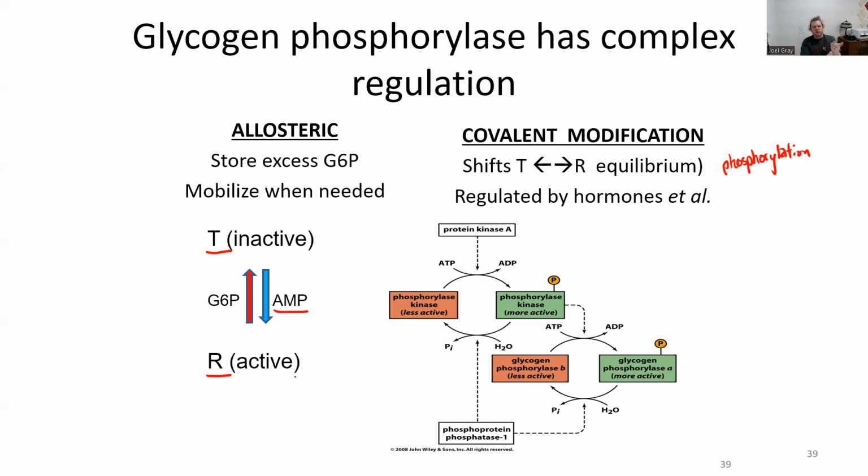Glucose 6-phosphate, on the other hand, is one of our intermediates in glycolysis. If you're going through glycolysis, do you think that you need to be breaking down your storage molecule, your glycogen?